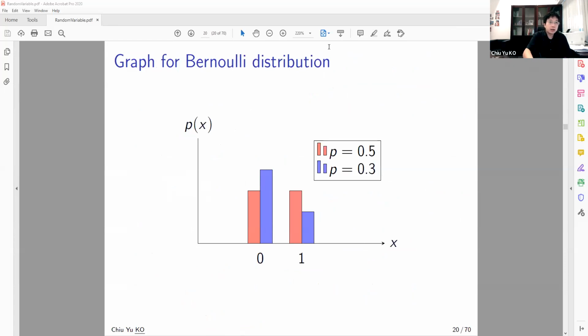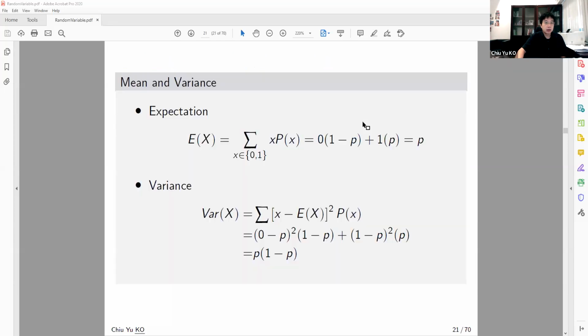If this is the fair case, P equals 1/2. And if P is equal to 0.3, sorry, so this is 3/10 and this is 7/10, because this represents the probability that X equals 1. And we'll give you the proof of why the mean is P and the variance is P times (1 minus P).